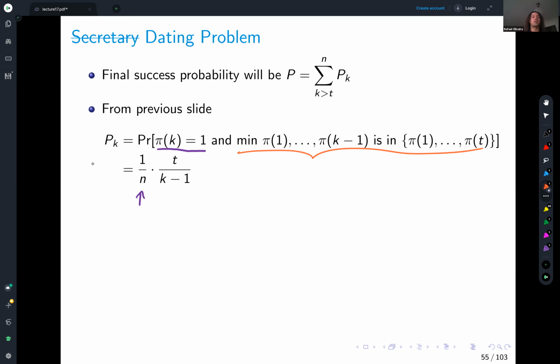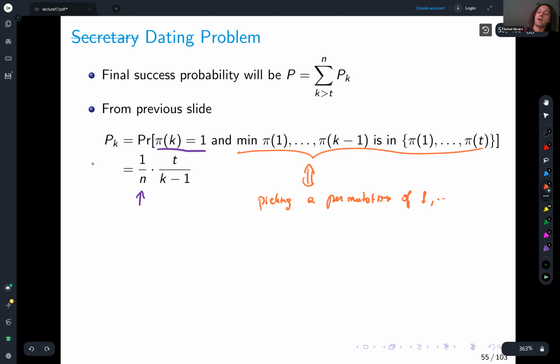Here it's quite simple: you look at all the permutations and the first sequence of k minus 1 elements. Let's analyze this probability. This is equivalent to picking a permutation of 1 up to k minus 1.